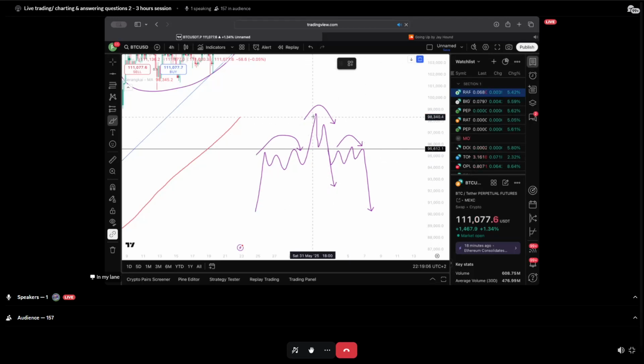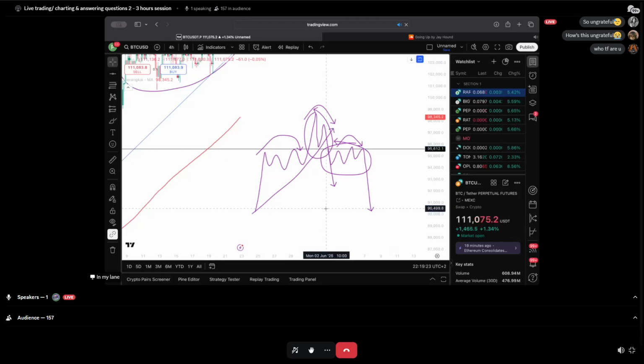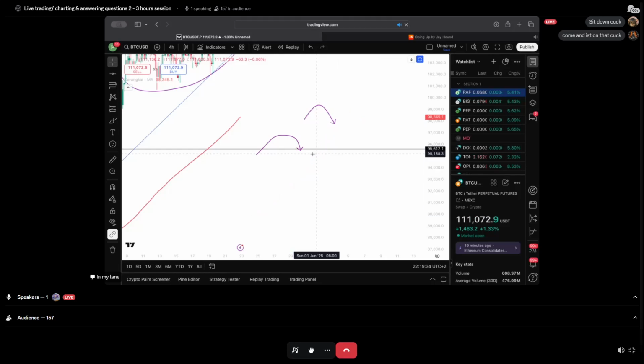The momentum shifted over here. We broke the uptrend. We became in a downtrend. So when we start ranging here, we're ranging for a dump lower. That's why it's called head and shoulders. Maybe I can show you in a chart.